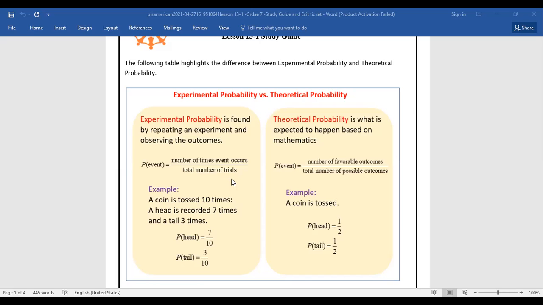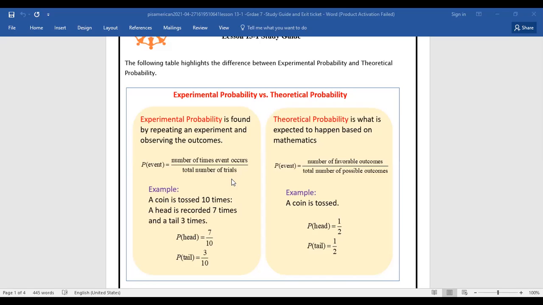Can anyone tell me how we are going to write the probability of getting a head? We will write 7 over 10. 7 out of 10, because he recorded 7 times head and 3 times tail, then the probability of head will be 7 out of 10, and the probability of tail will be 3 out of 10. So this is experimental probability.